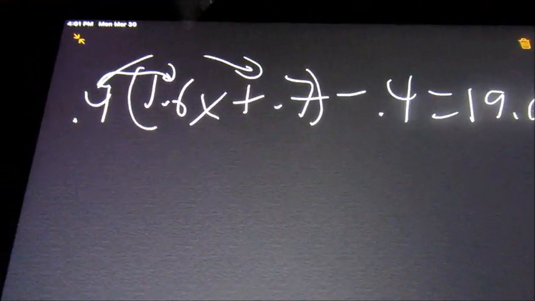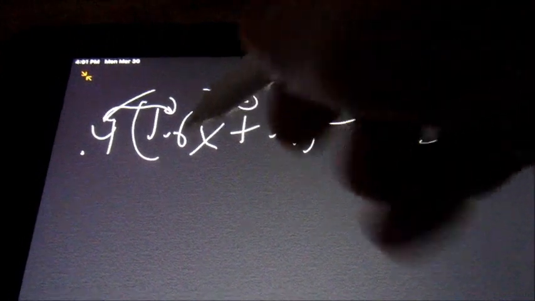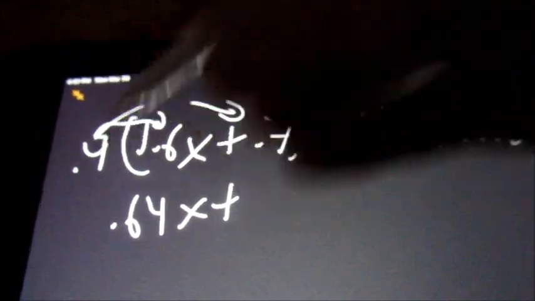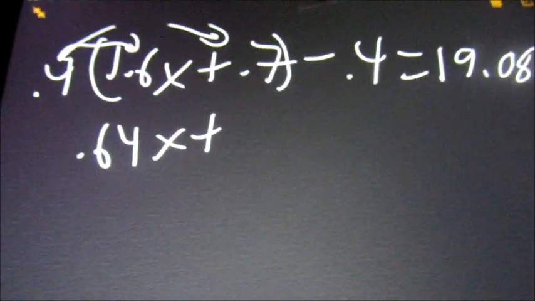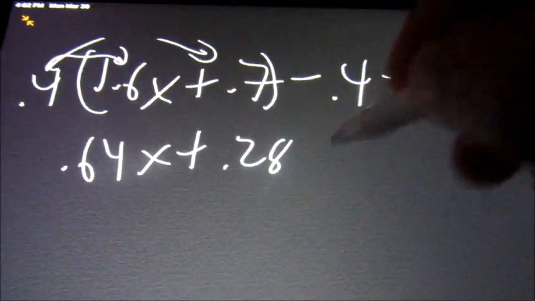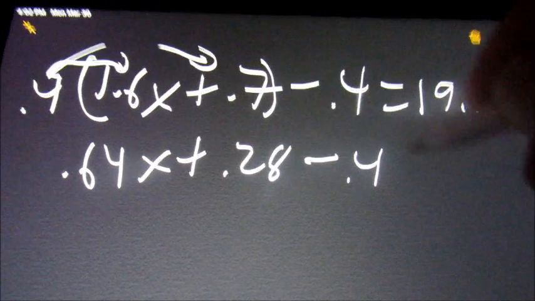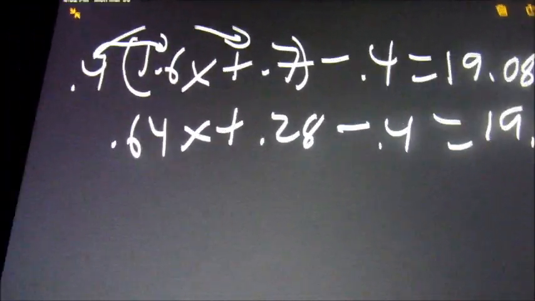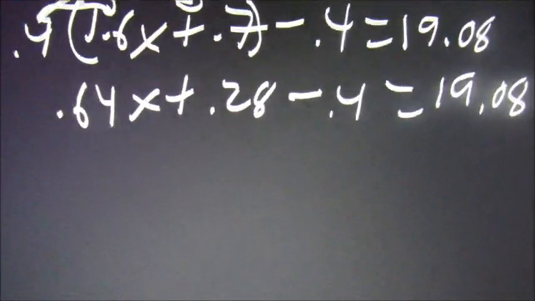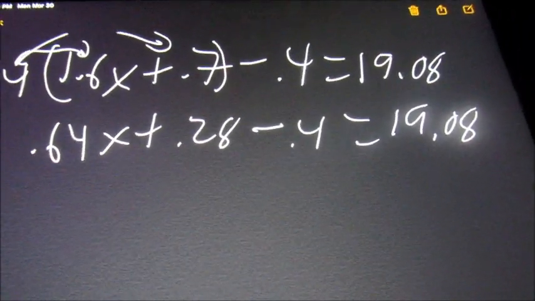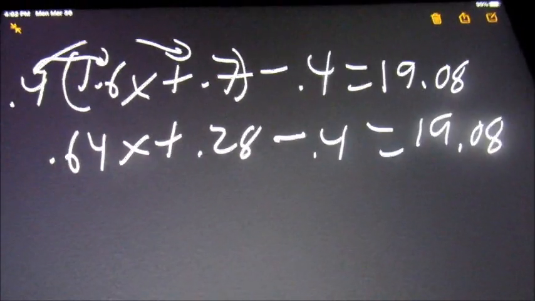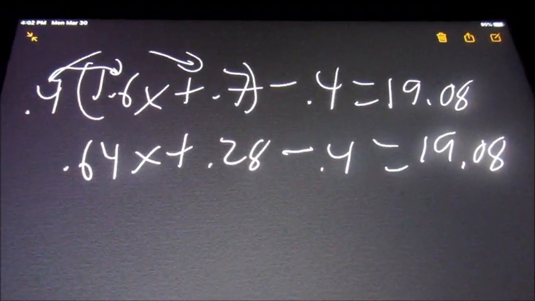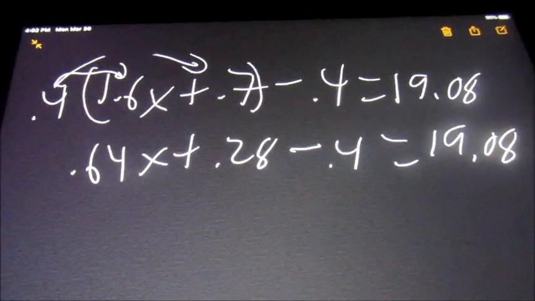So 0.4 times 1.6 is 0.64x plus 0.4 times 0.7 is 0.28, and we have a minus 0.4 equals 19.08. Now at this point, we could either leave them as decimals or we could eliminate the decimals. For this one, I'm just going to leave them as decimals.